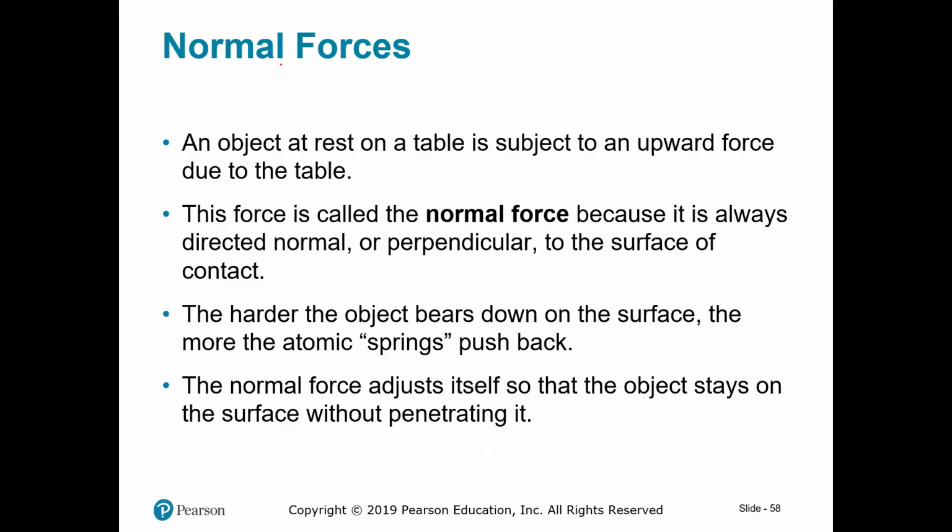And then the second topic I'm going to talk about today is the normal force that we already talked about in chapter 4, right? An object at rest on a table is supported by the table, right? That supporting force is called the normal force, right? So the harder the object bears down on the surface, the more the atomic springs push back.